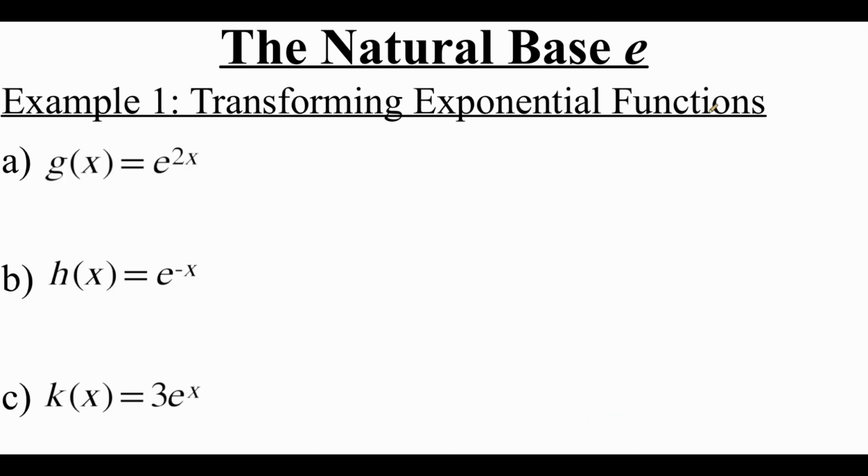So we're looking at performing some transformations with this function, and we're thinking about our f of x equals e to the x function. And as we look at the first one, we're given g of x equals e to the 2x. So we can really think about this new function as our f of x function, but instead of just having x, now we've got 2x being plugged in. And what this is going to do is a horizontal shrink by a factor of 2.